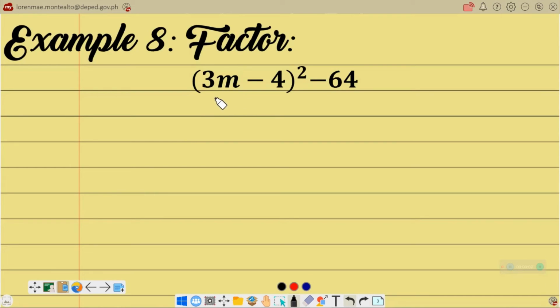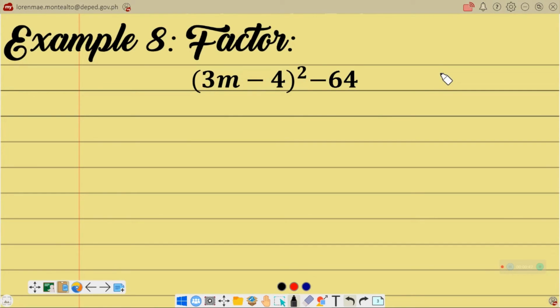We have here the quantity of 3m minus 4 squared minus 64. You might think, ma'am, 3m is not a perfect square. How do we factor this? Don't just look at 3m, because it is in parentheses, it is a quantity. This means we have two factors of 3m minus 4, because it is squared. And if you remember what I said earlier, any variable with an exponent divisible by 2 is considered a perfect square. So, we can factor this as a difference of two squares.